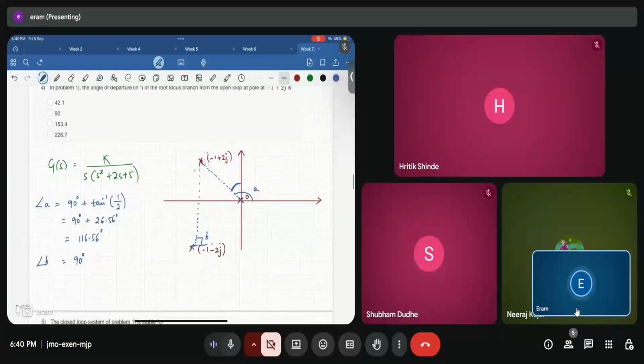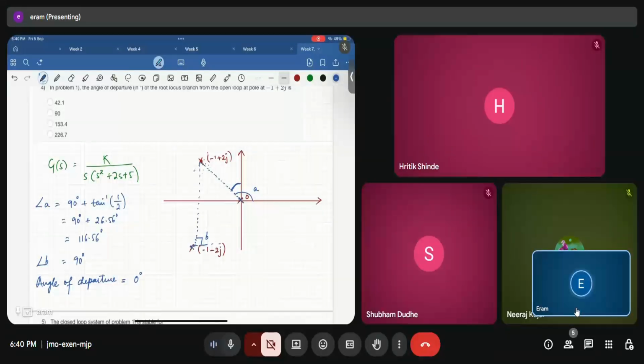Now what will be the angle of departure? Since we have negative feedback but K is non-positive, that is negative from minus infinity to 0, the formula here, instead of 180 degrees, will be 0 degrees, right?